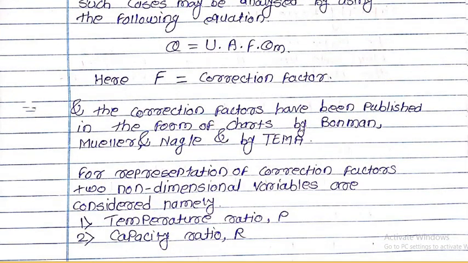Now, for representation of the correction factor, two dimensionless variables are considered, namely the temperature ratio, denoted as P, and the capacity ratio, denoted as R. So we are going to understand what is meant by temperature ratio and capacity ratio.